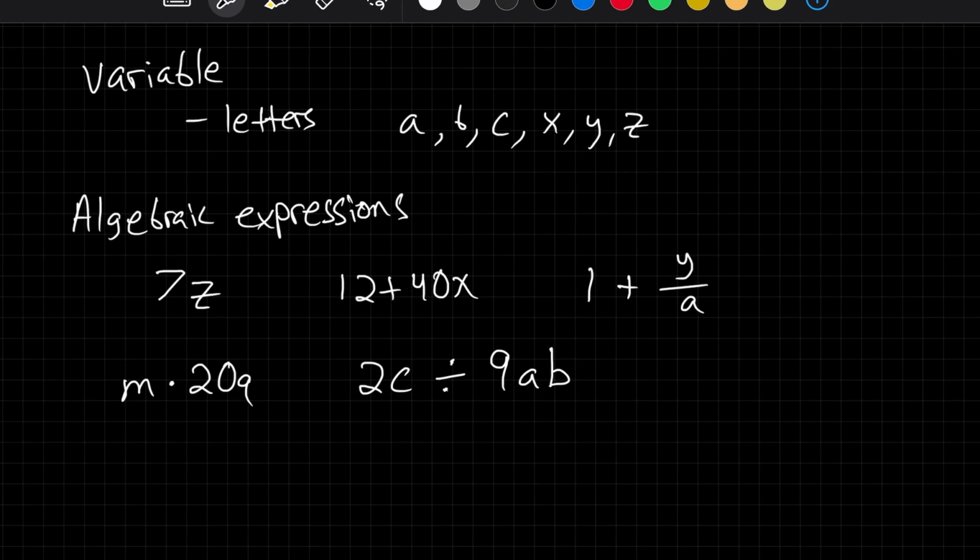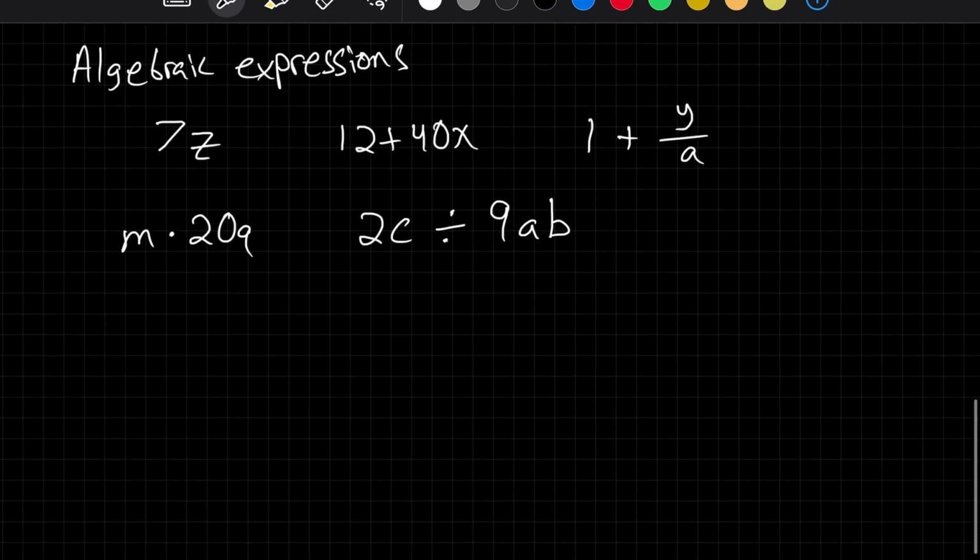So we can write this many different ways. Let's talk about a couple more terms here. Let's talk about factors and product.